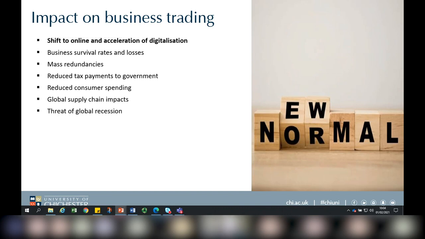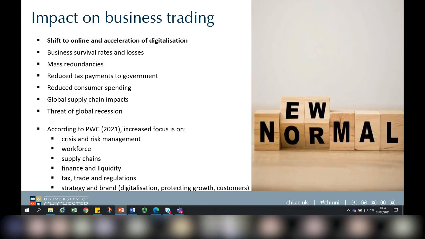Obviously, we've had global supply chain impacts where we've had shortages of supply, panic buying, and possibly sourcing products from other countries, and supermarkets in particular have had to source new supply chain customers to deal with stock shortages from other suppliers.